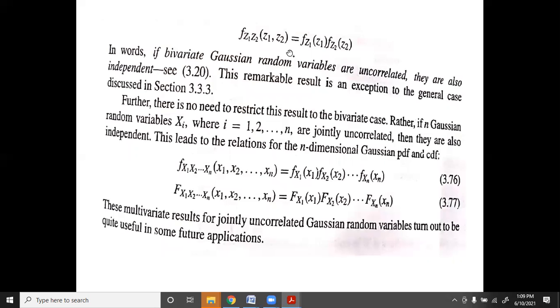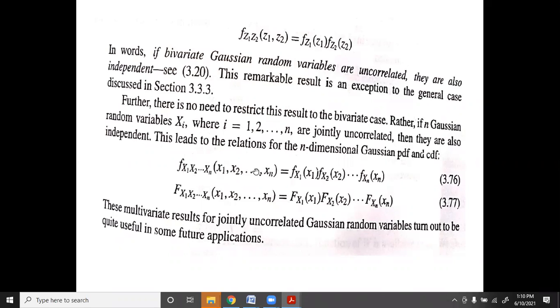This is a very important result, which says clearly that if Gaussian random variables are uncorrelated, they are also independent. This result can be extended to the multidimensional case also. Multidimensional means f of x1, x2, ..., xn.